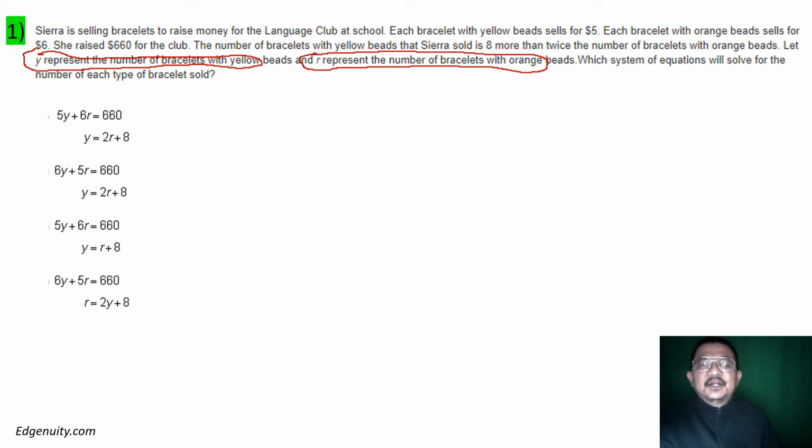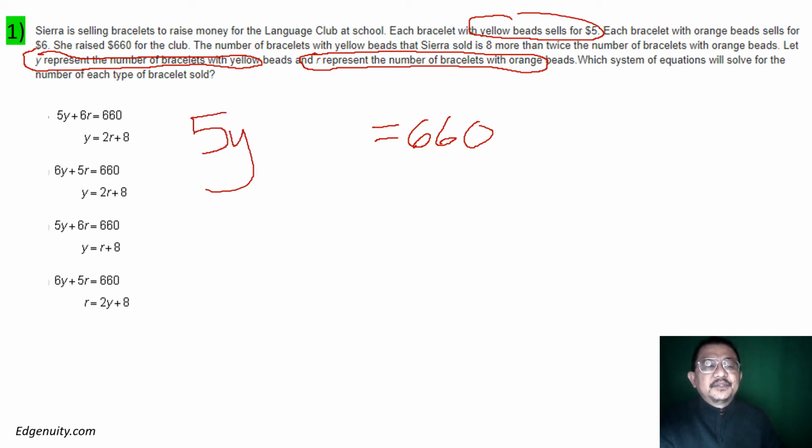Okay, so let's focus on the first equation. We know that at the end, she was able to get $660. So how much is the yellow? The yellow is $5, so 5 times the Y. Remember, the Y represents the yellow. And then how much is the orange?